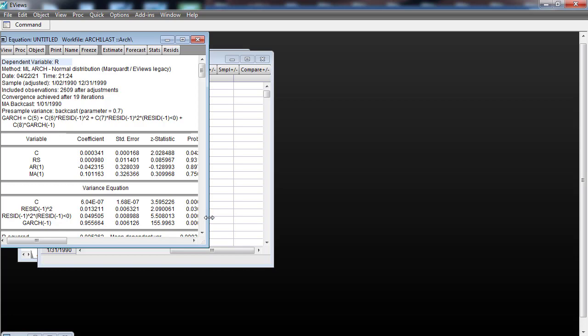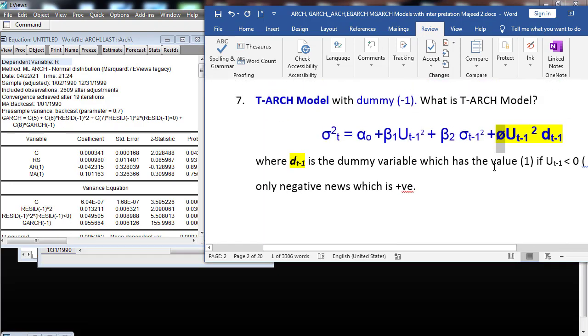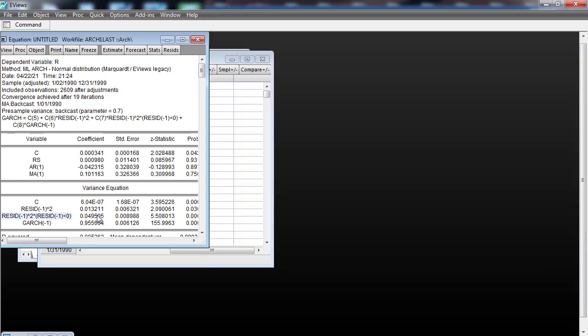In other words, if theta is positive and statistically significant, the impact of a negative shock on volatility is significantly higher than the impact of a positive shock on volatility. So when we say positive, it means that the dependent variable, the return, reacts more to bad news and less to good news.